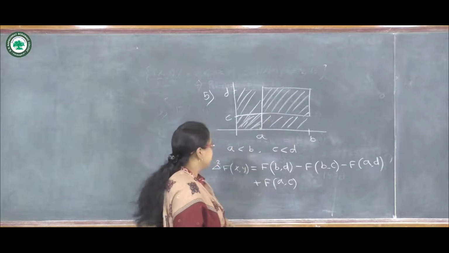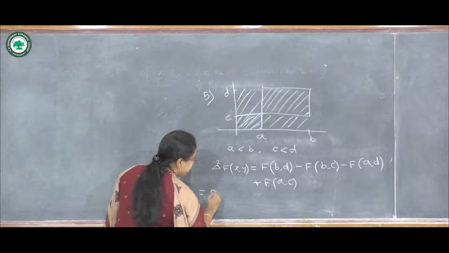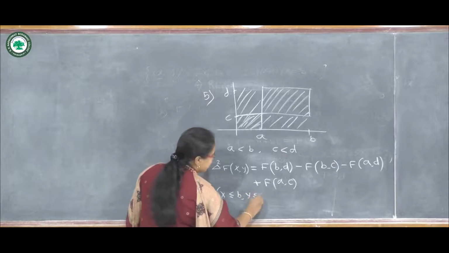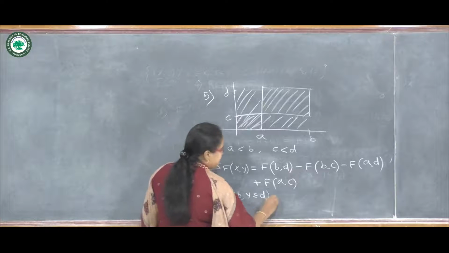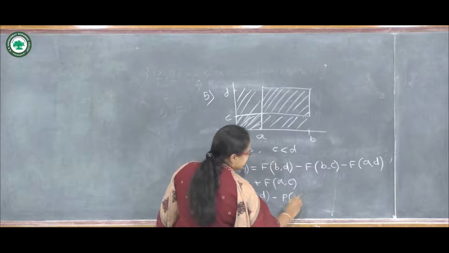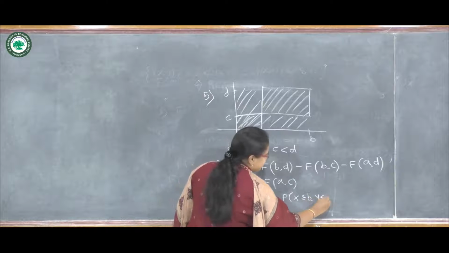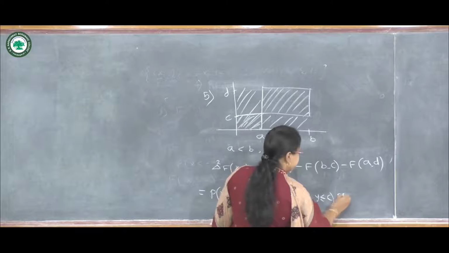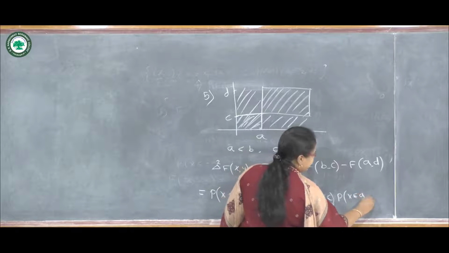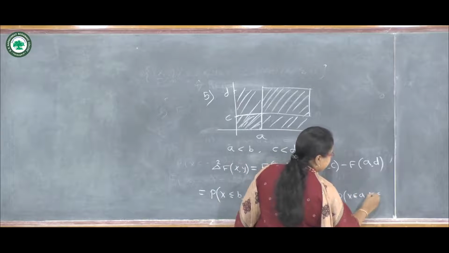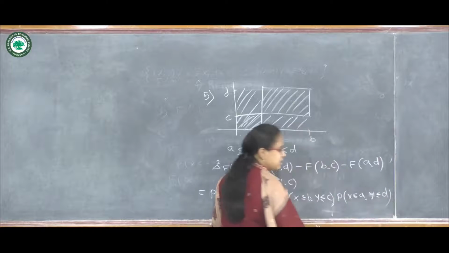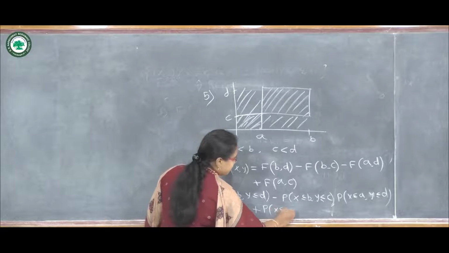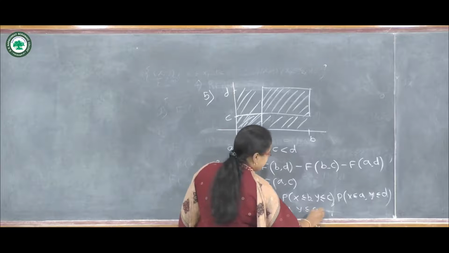So this can be written as probability of x less or equal to b, y less or equal to d, minus probability of x less or equal to b, y less or equal to c, minus probability of x less or equal to a, y less or equal to d, and finally plus probability of x less or equal to a and y less or equal to c.